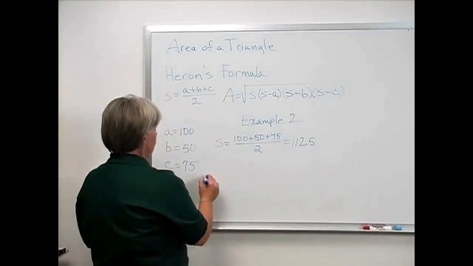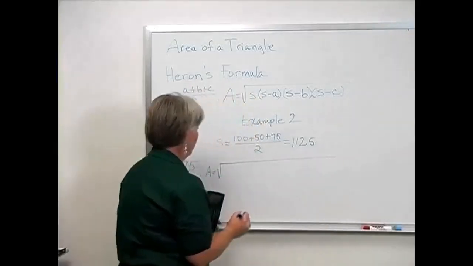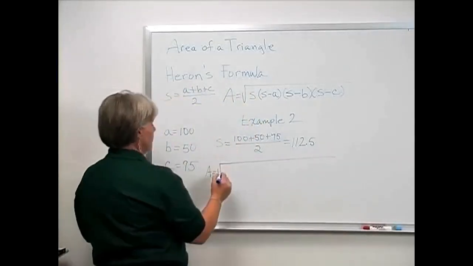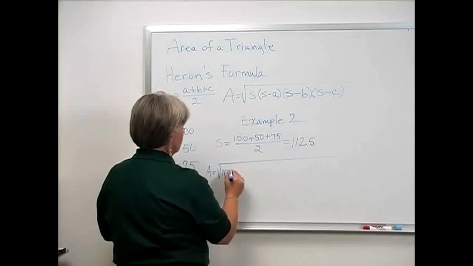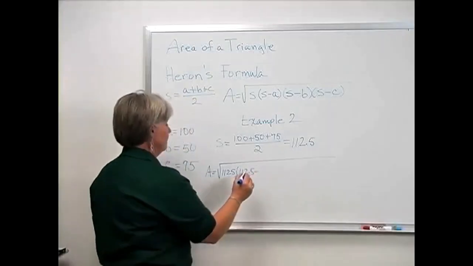All right, so the area, capital A, is going to be s, minus 50. It's going to take a little while to write all this out.